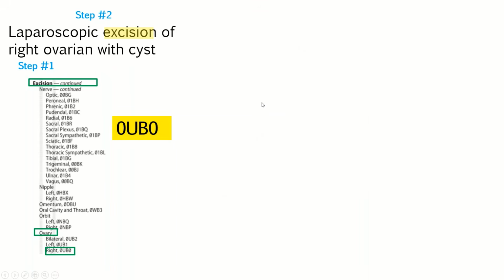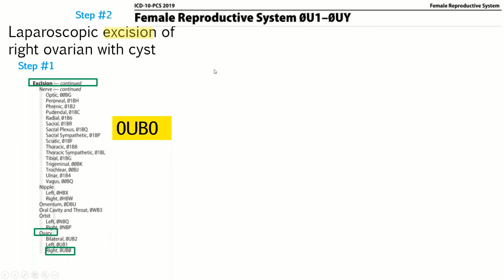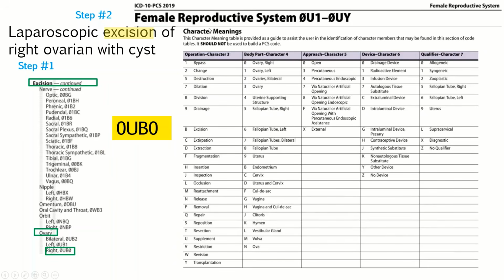Our step 2 is to verify it with the corresponding table. So we have to look for the 0UB0 table, and we know that 0 is medical surgical section, U is female reproductive system. Hey, wait a minute. All right, so is this the table?